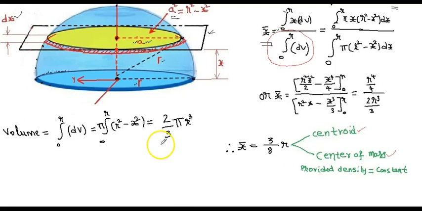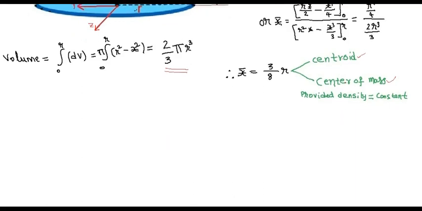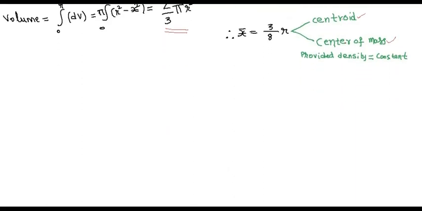Thus we perform the integral to realize the known fact that the volume of the hemisphere is 2/3 pi r cubed. As a last example, we'll evaluate the location of the centroid of a right circular cone. We'll do that in perhaps less than a minute.